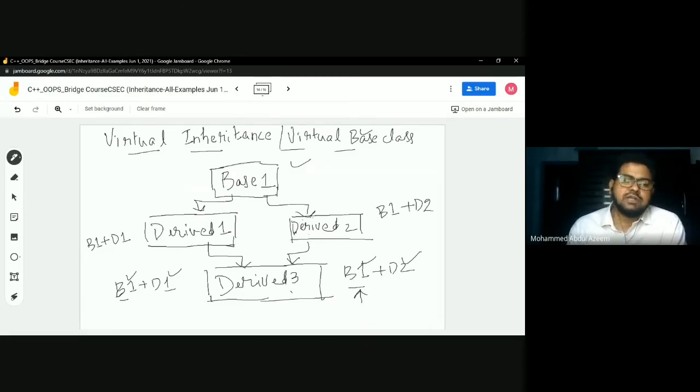This is one solution. Another solution is, as and when you find that at any level while you are inheriting, a duplicate copy of certain parent classes can be made available at this derived class, then you can inherit all such classes being inherited at that level as virtual. This is another solution, right?